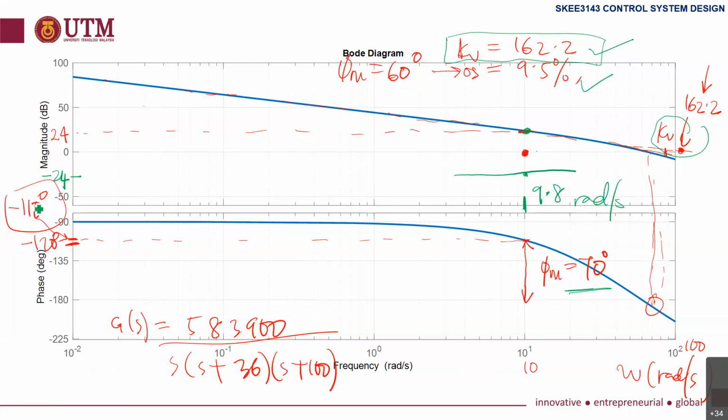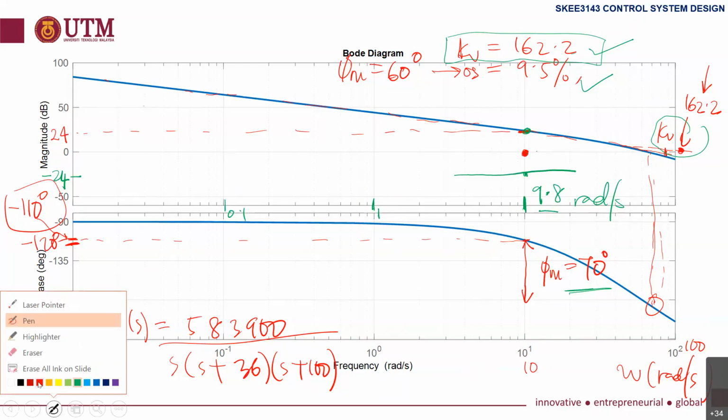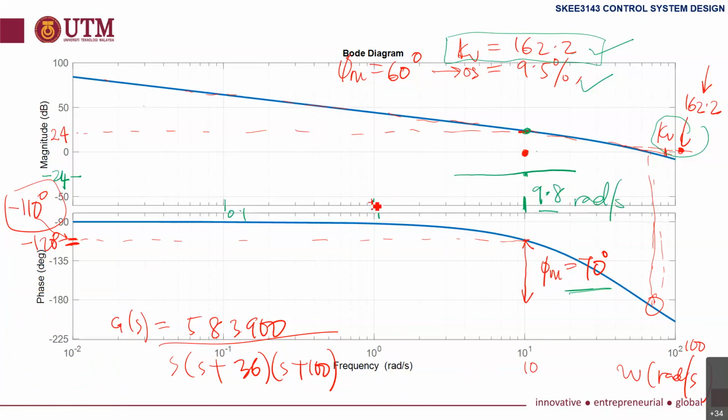Our interest in design: if initially 9.8, we go 1 decade before that. Here is 1, here 0.1. We go 1 decade before 9.8, which means 0.98.